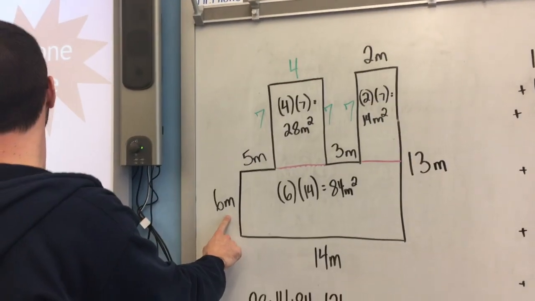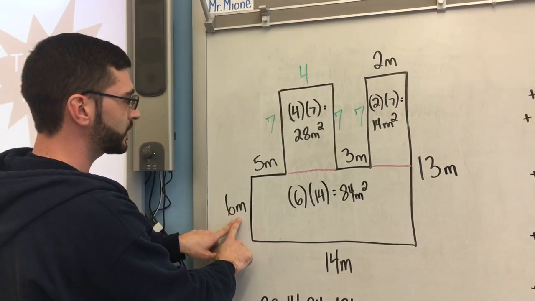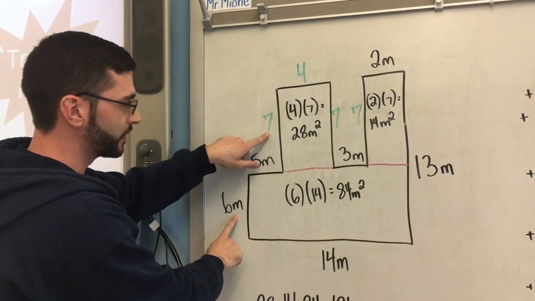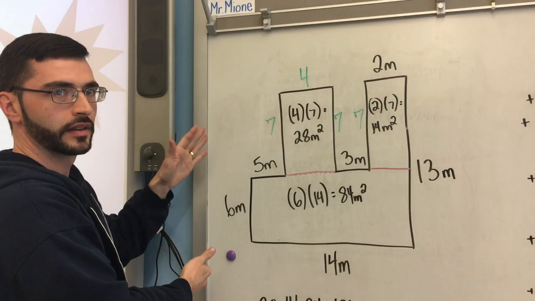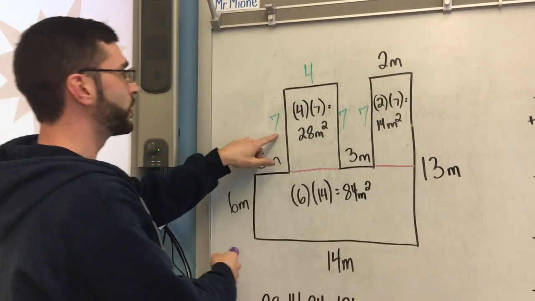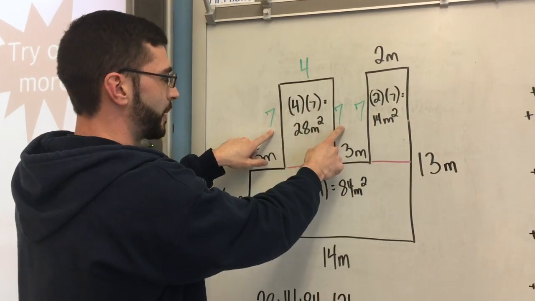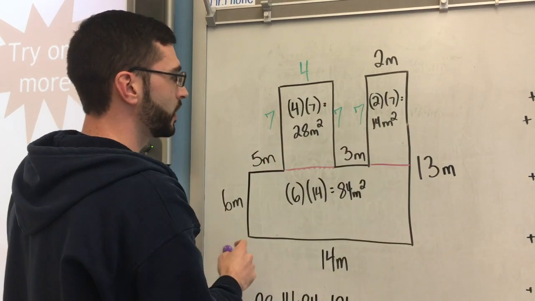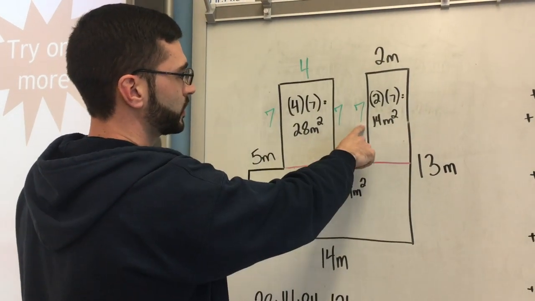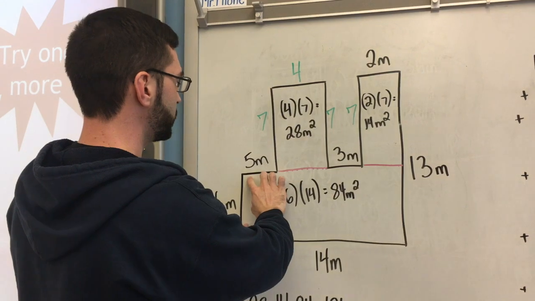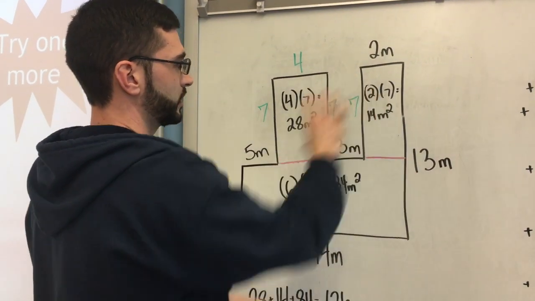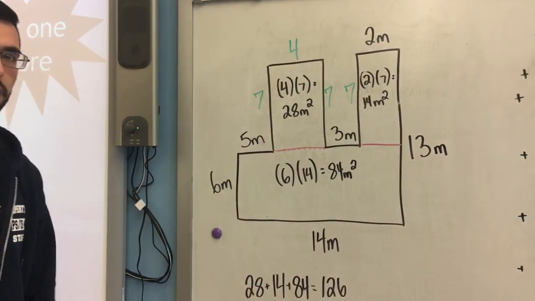Along the other side, I had a 6. So the 6 plus that missing 7 then gave me that whole length of 13. Noticing that that 7, the opposite, is also going to be 7. And same with this one. Since this side length is 6, that 7, when added together, will give us the 13.